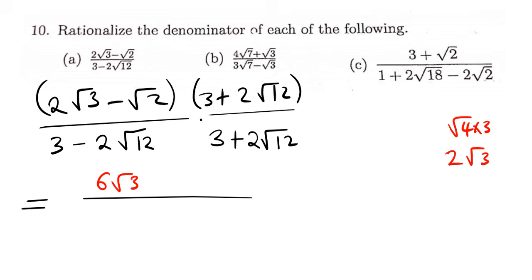Don't forget this root 12 has a 2 in front, so the 2 and the 2 multiply to give us 4. So that will be 4 root 3.